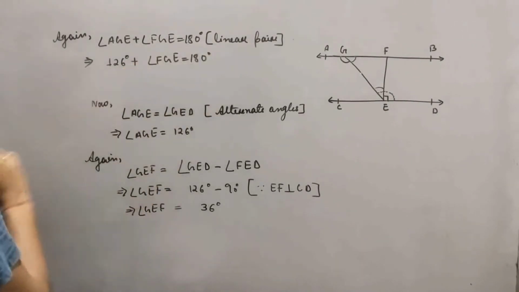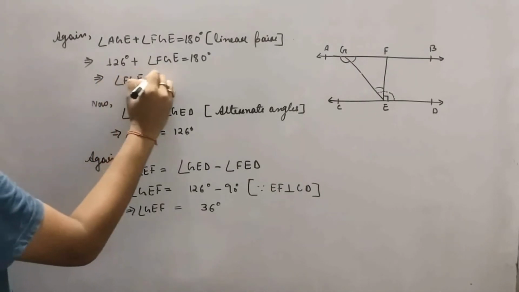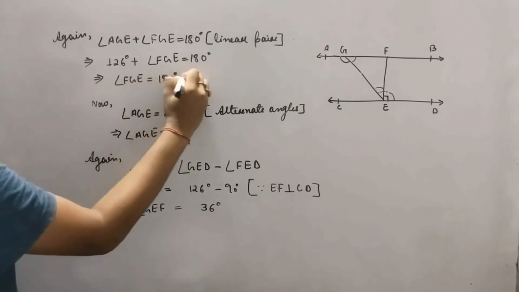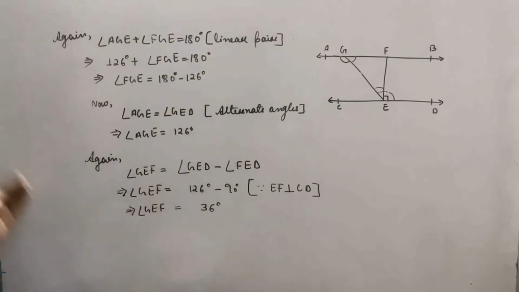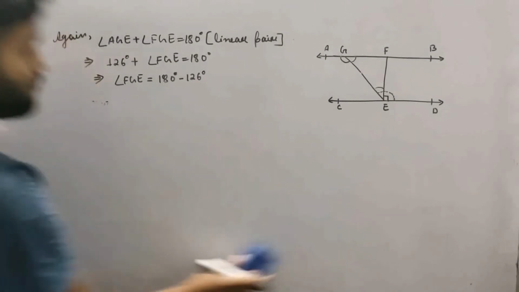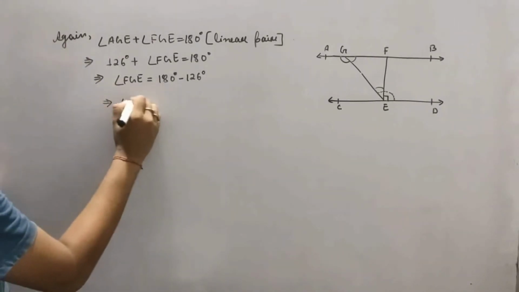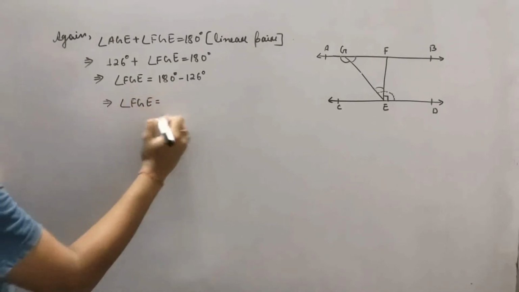So this is 180 degree, which implies angle FGE will be equal to 180 degree minus 126 degree. So now subtract this and our question is completed. Okay. So which implies angle FGE will be what?